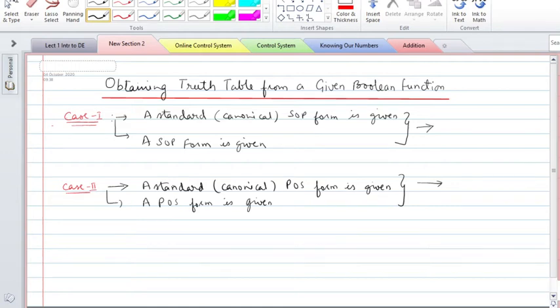Good morning, friends. Today we will see how we can obtain a truth table from a given Boolean function. There are two cases.